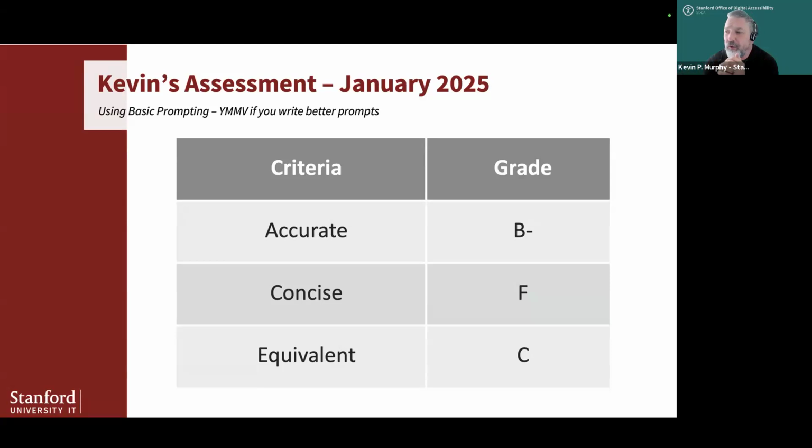It doesn't know what parts to focus on. Concise, ChatGPT gets an F unless you are prompting it to write an alt text of a specific length. And equivalent, again, it will get you part way there, but the equivalency is something you have to prompt for.